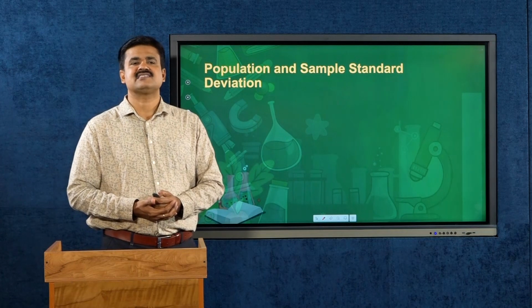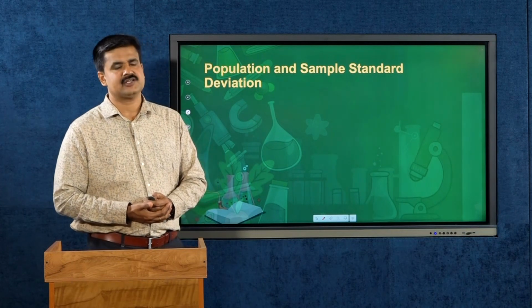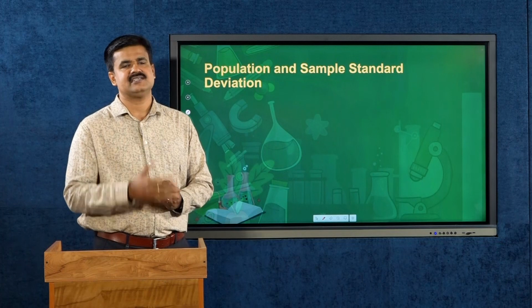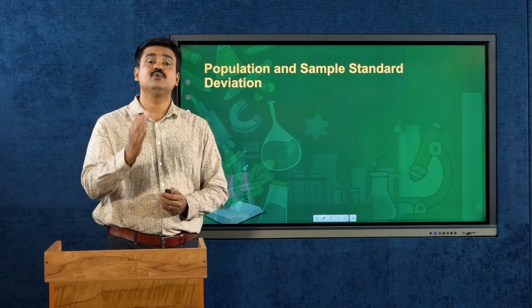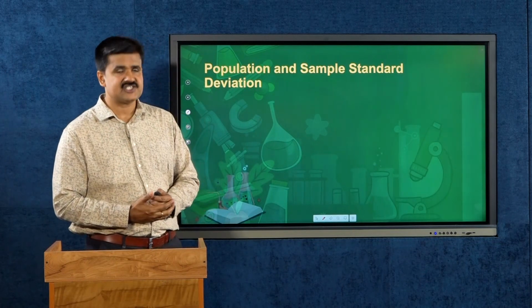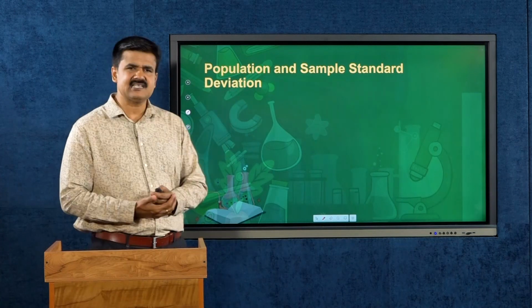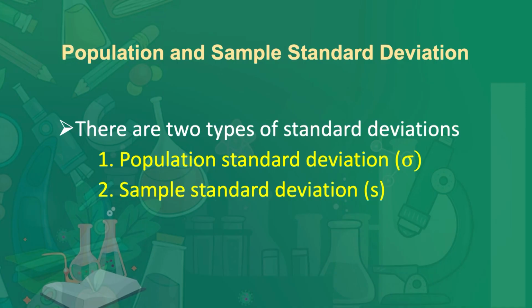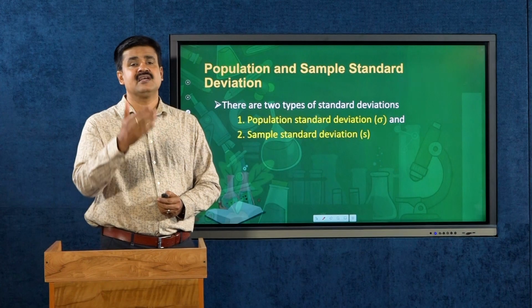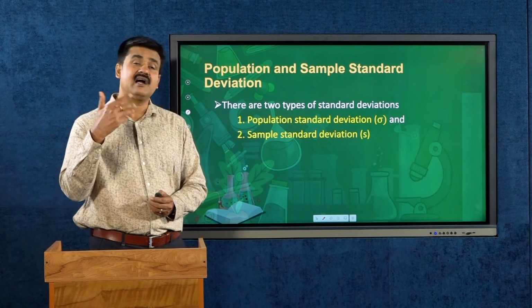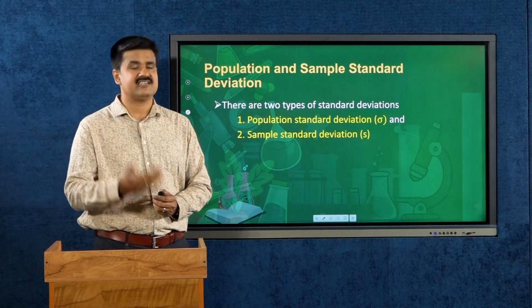Population and sample standard deviation. It should be noted that there are two kinds of standard deviations, as the title itself says: the population standard deviation, abbreviated as sigma, and the sample standard deviation, abbreviated as S. These two terms are highly useful in statistics.